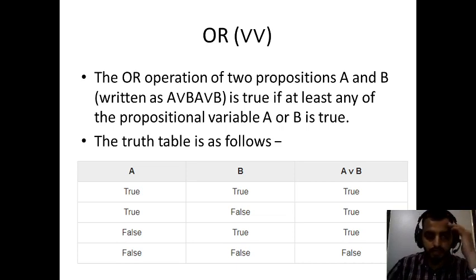Now considering the truth table for this: A is true, B is true, then A or B is true. A is true, B is false. In the first case, sunflower oil is there and mustard oil is there, so you can buy both. In the second case, sunflower oil is there but mustard oil is not, so you can buy sunflower oil.